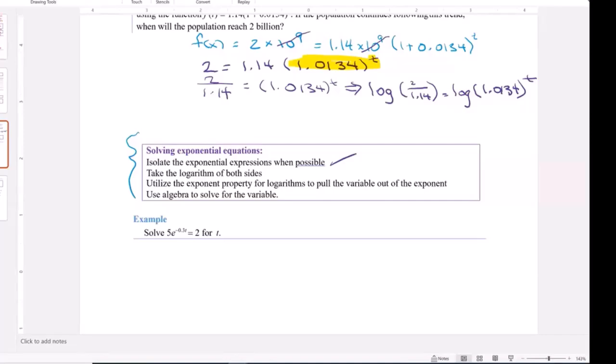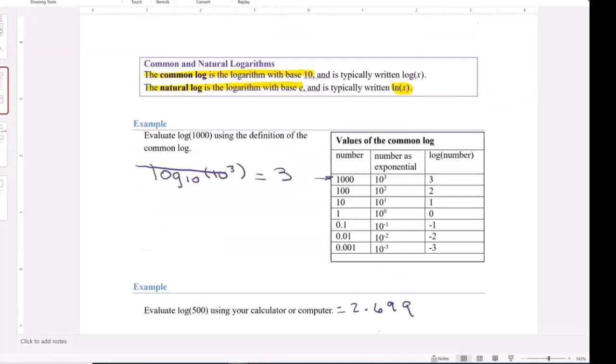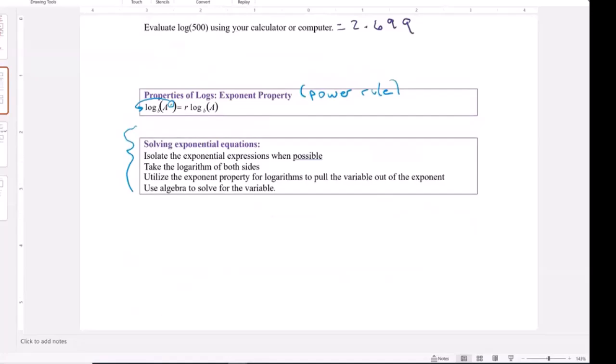Now, the next step is to use the exponent property for logarithms to pull the variable out of the exponent. That's one way to do it, or we can use our power rule. So our power rule says that if we have log base b of a to the r power, we can move this r in the front, and then we just have log base b of a. That's what I'm going to do.